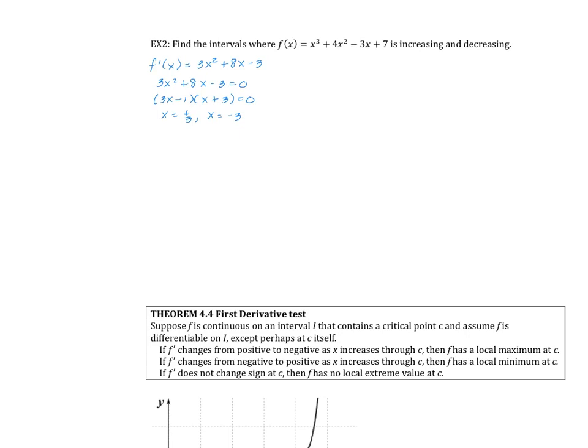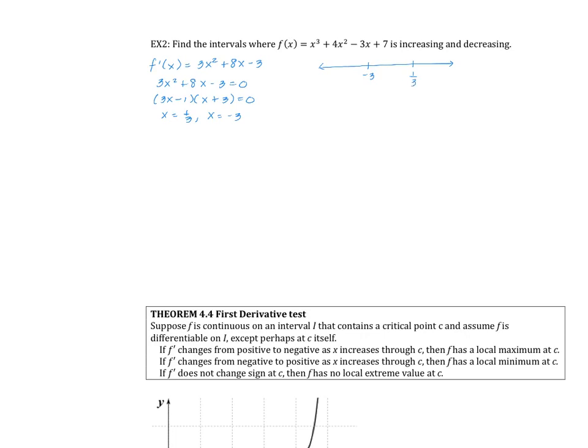What I'm going to do is I'm going to look at a number line. And if I look at this function, it's a polynomial function. It's defined from negative to positive infinity, so that would be its domain. Now these are critical points where -3 comes first and then 1/3.